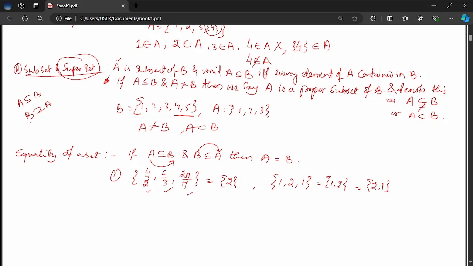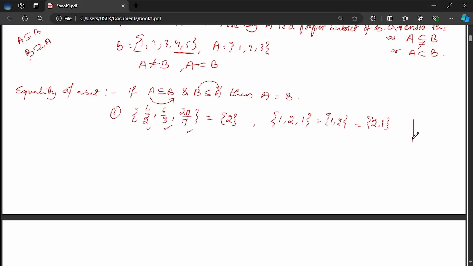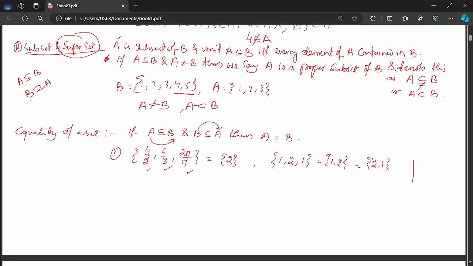Then we have a small theorem. Suppose for a set A, oh, I left something.